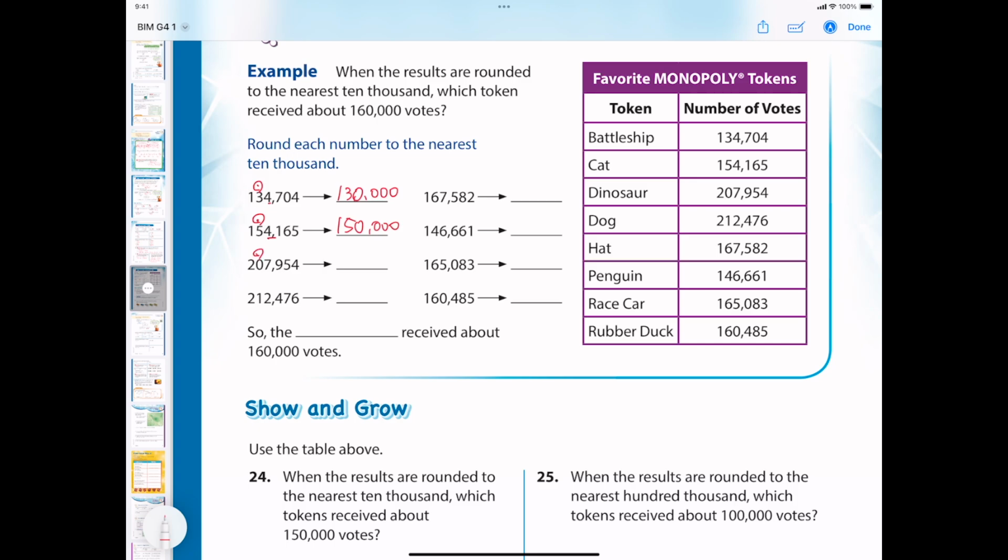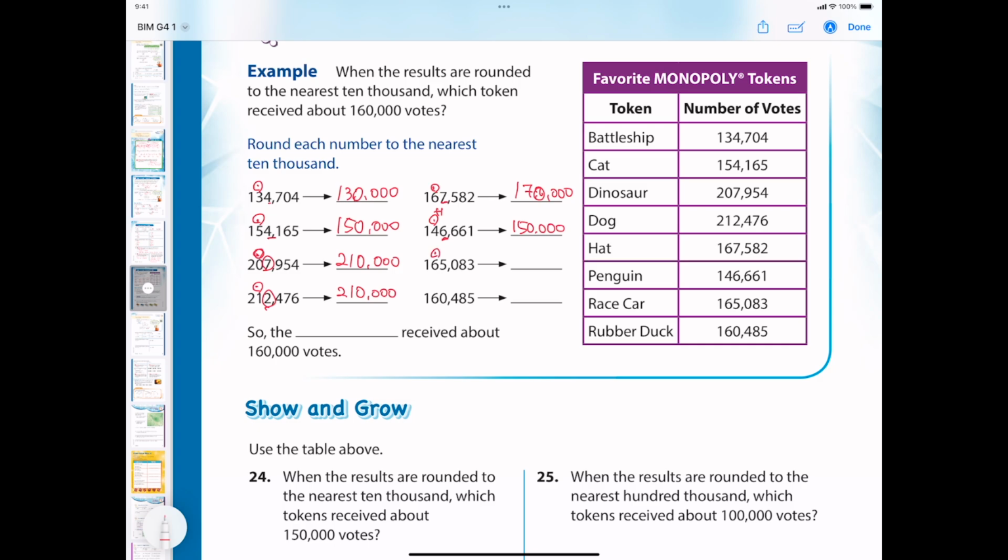And this is round up, so I'm going to put 210,000. And still round down, 210,000. And here 170,000, because this is 7, round up. Okay, so 6 is what? Round up. So I'm going to add 1 to our target number. So 150,000.